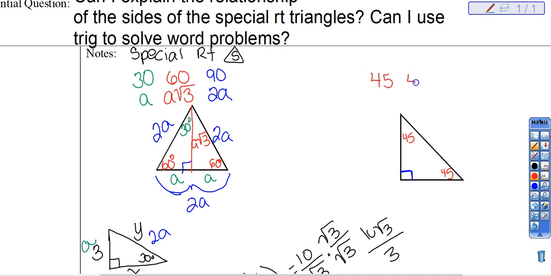The two 45-degree angles have the same length opposite them, so we could call them both length a. And then our 90-degree angle, which is opposite the hypotenuse, is a times the square root of 2. And this is the relationship. So I'll go ahead and put those in there so that you can look at it in two different ways.